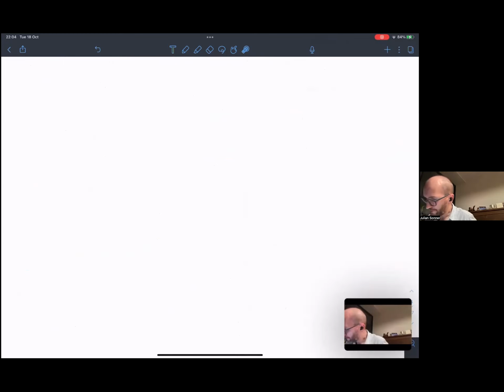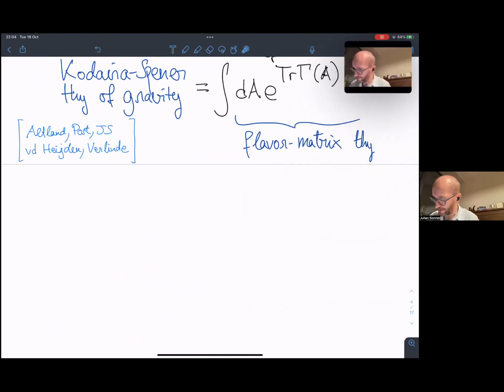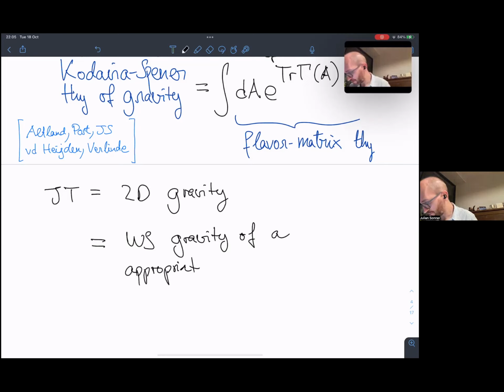So the idea is that JT is two-dimensional gravity, but we can actually realize this as the worldsheet gravity of an appropriate string theory.